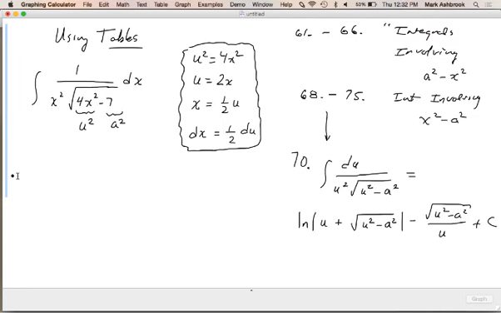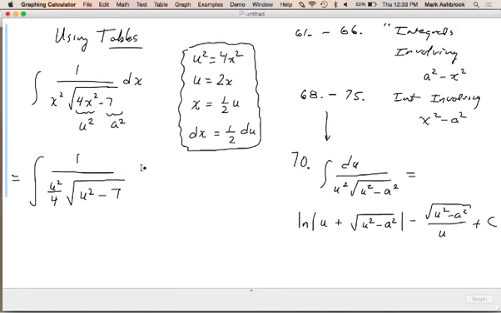All right, so then what is it? So we got the integral of 1 over, so what is x squared again? X squared is u squared over 4. 4x squared is u squared, that's what we wanted. And then we can just keep it as minus 7. We know that's a squared, right?